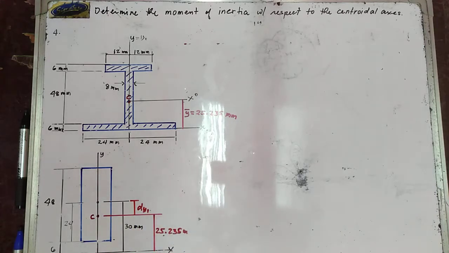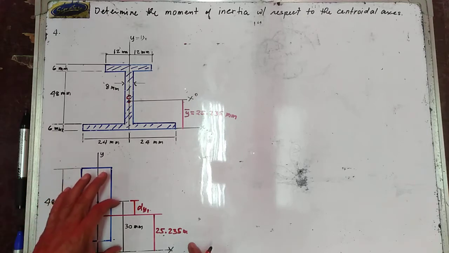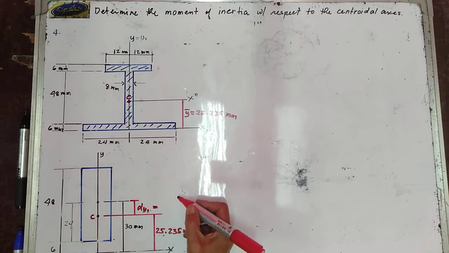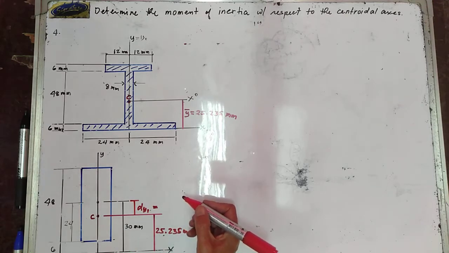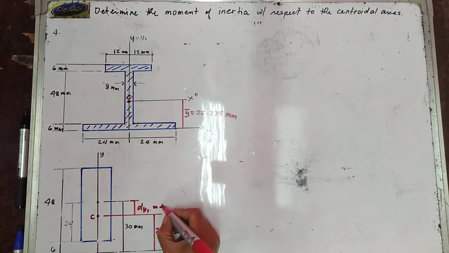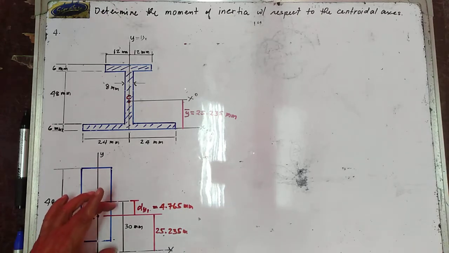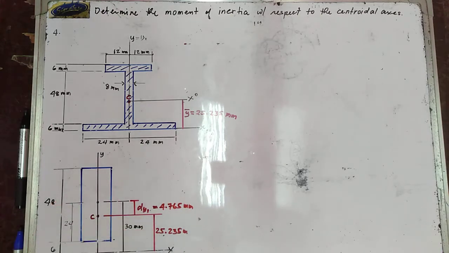So your dy1 is now equal to 30 minus 25.235, or dy1 is equal to 4.765 millimeter.